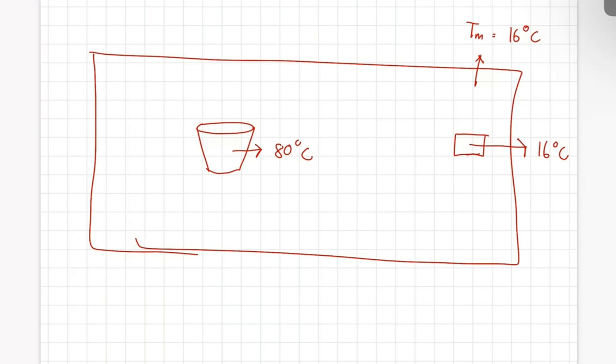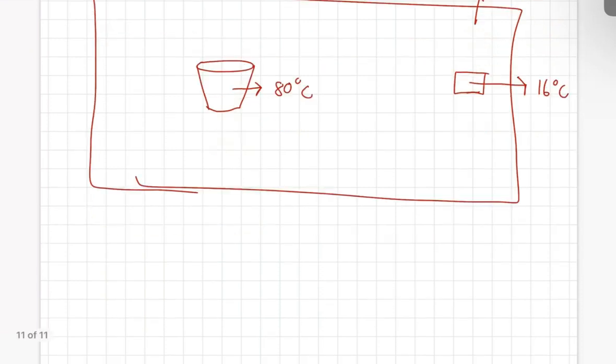You bring a hot drink into a cool room, what happens to the drink? The drink will cool. So 80 degrees will cool until the temperature of this coffee equals the temperature of the room, which is 16 degrees Celsius. For how long will it take to reach 16 degrees Celsius? We need to solve this by using a differential equation.